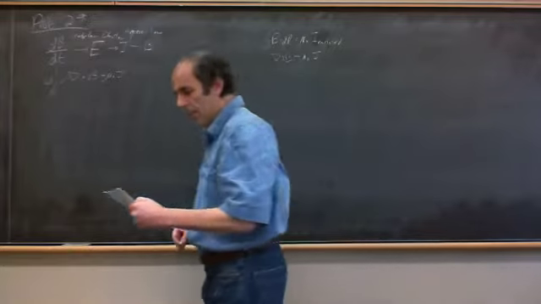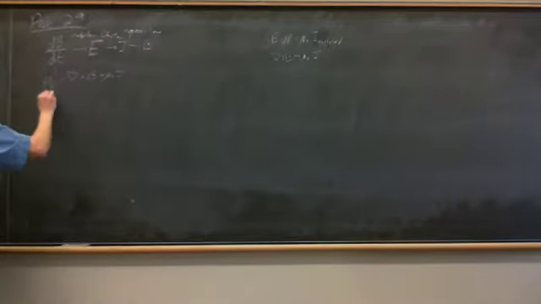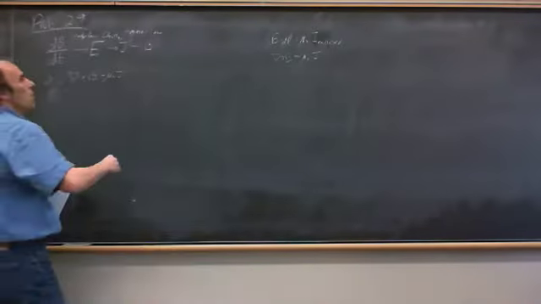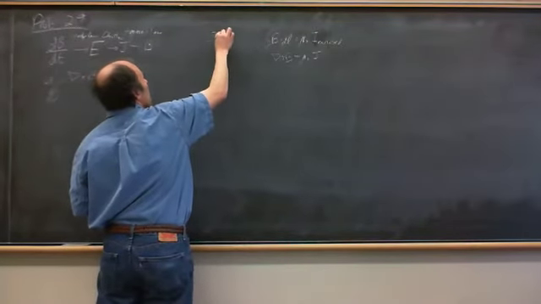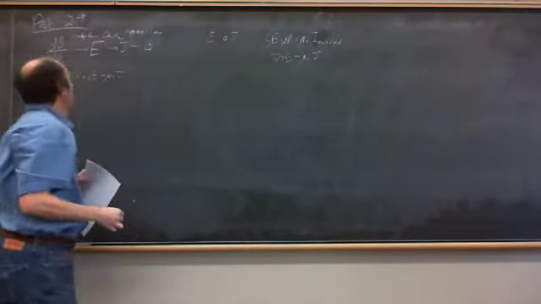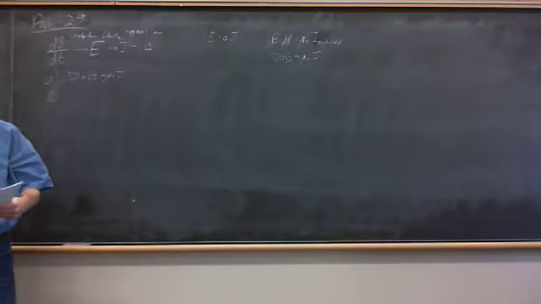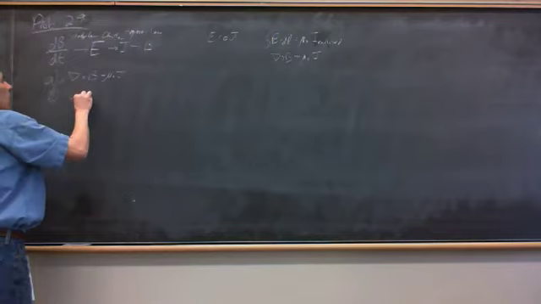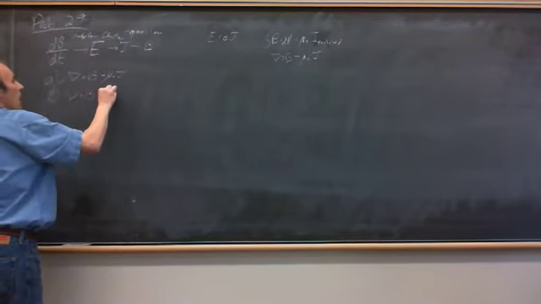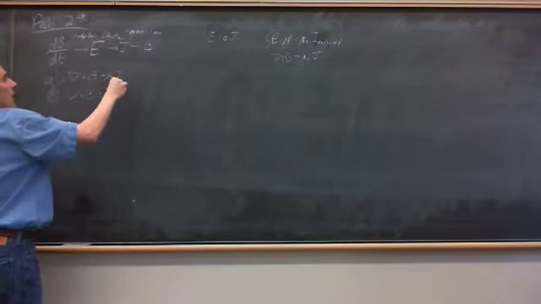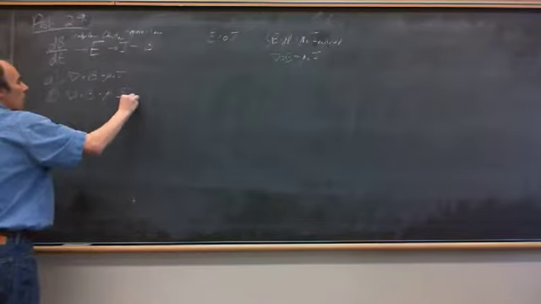Okay, part B. You're going to use Ohm's law. Ohm's law was E is equal to sigma J, which means J is E over sigma, right? So you're going to get del cross B is equal to mu naught, and here's J, so that's E over sigma.